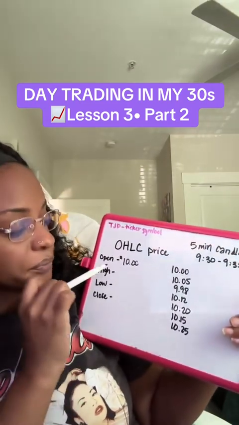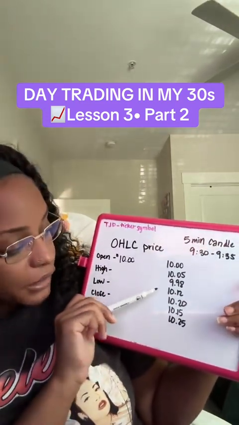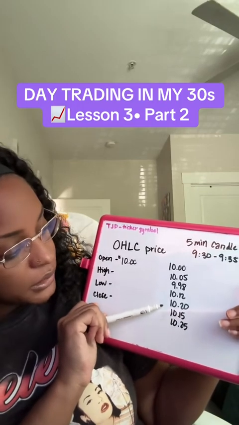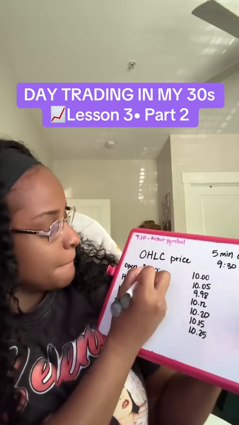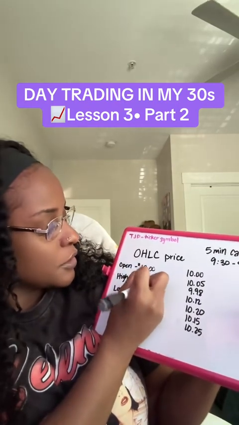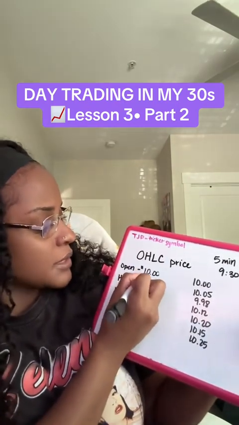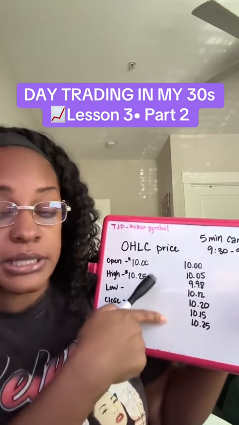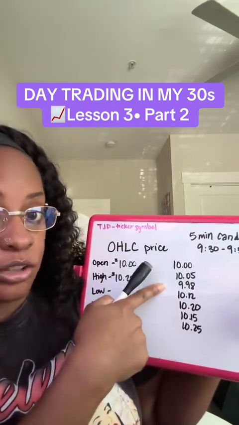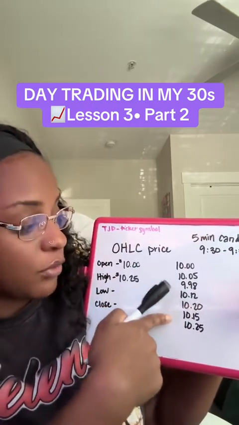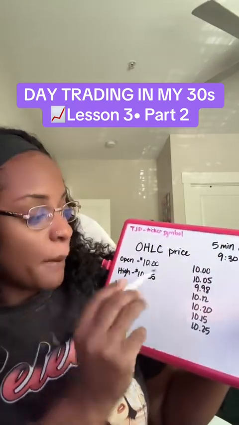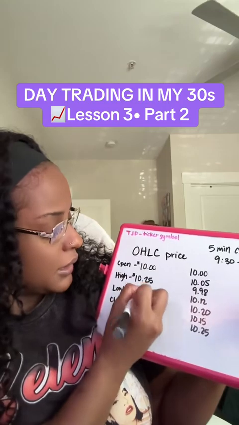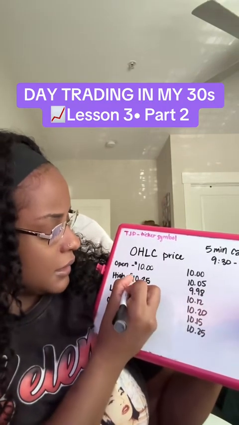All right. The highest out of here would be $10.25. So that will be the price, because within my 5-minute candle, $10.25 was the highest price I could see here. All right. My lowest would be $9.98.